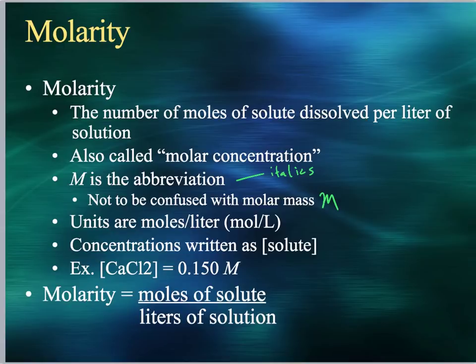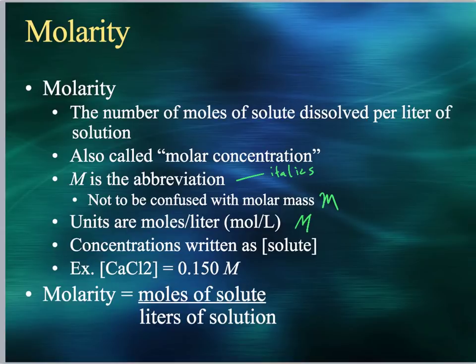So those two things are different things. This italicized M is molarity. The units for it are moles over liter, or moles per liter, or you can see it again as that italicized capital M.